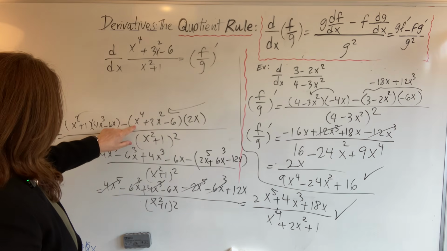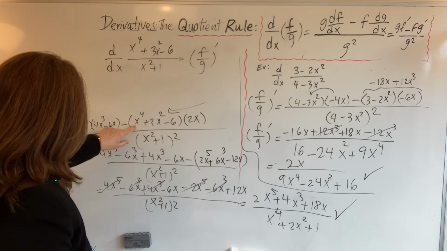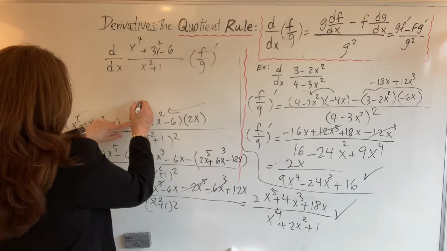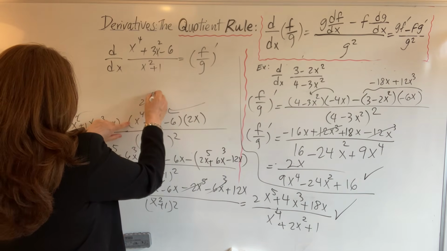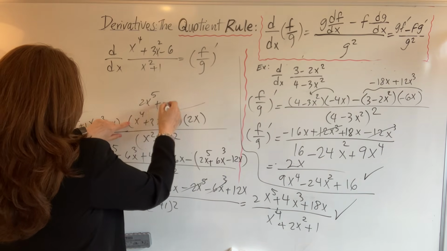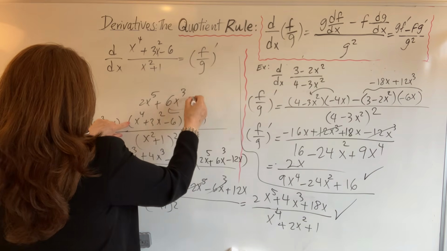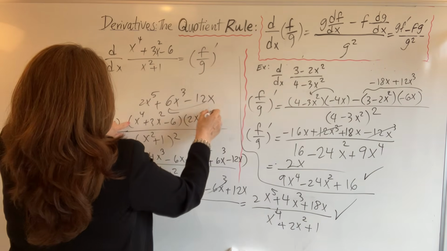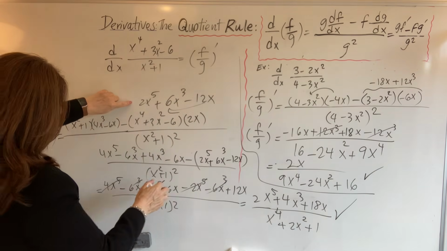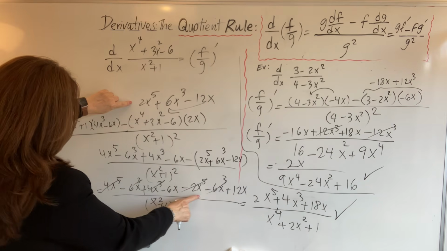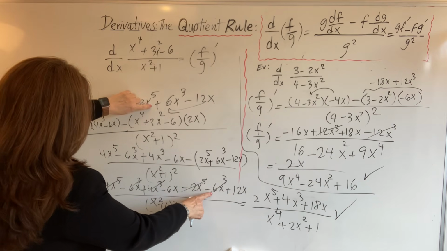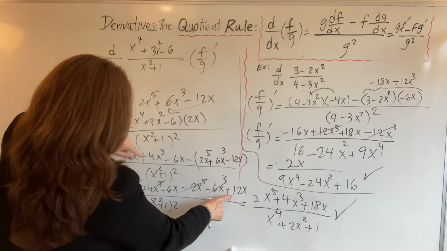This one is 2 times this, 2x to the fifth plus 6x to the third minus 12x, and minus to this one gets minus, minus, and this is plus.